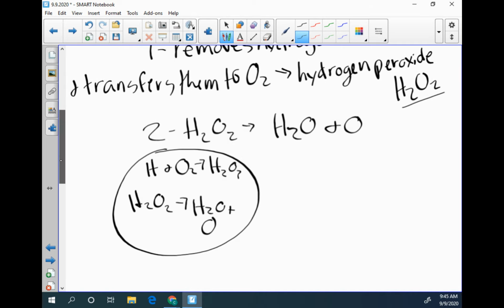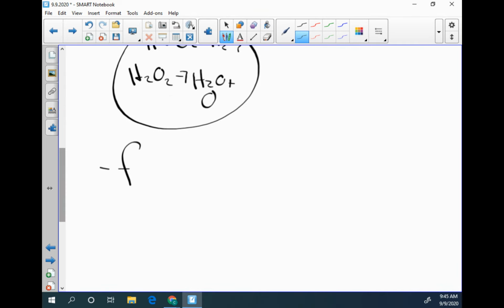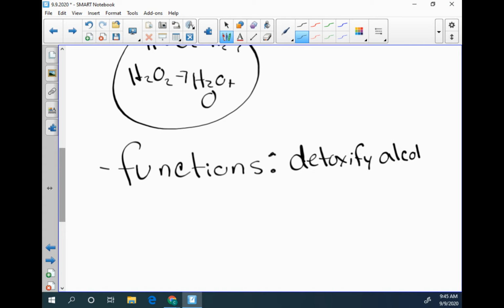So their functions, why they have these enzymes to do these things. So functions. They detoxify alcohol by adding hydrogens to oxygens.